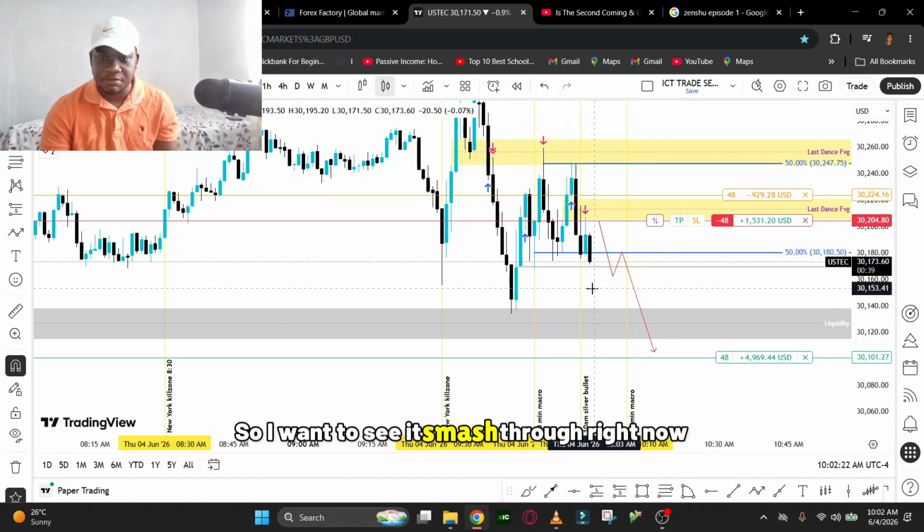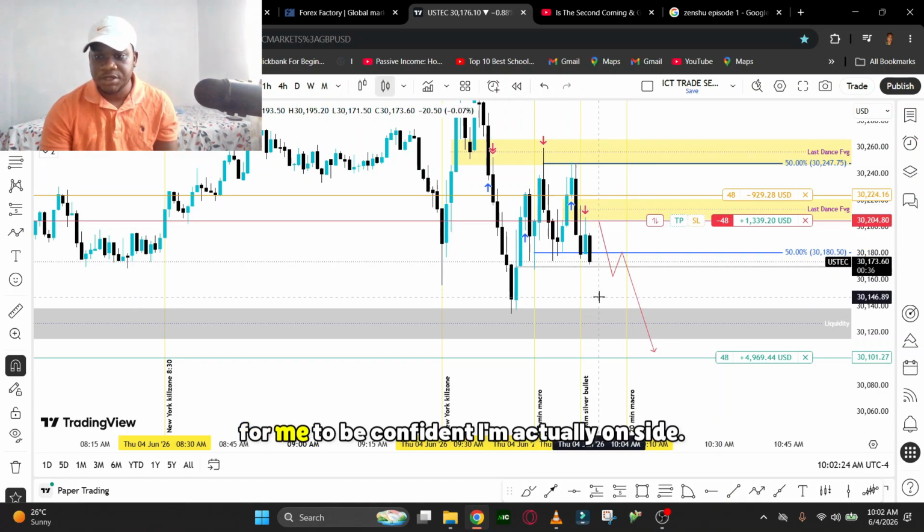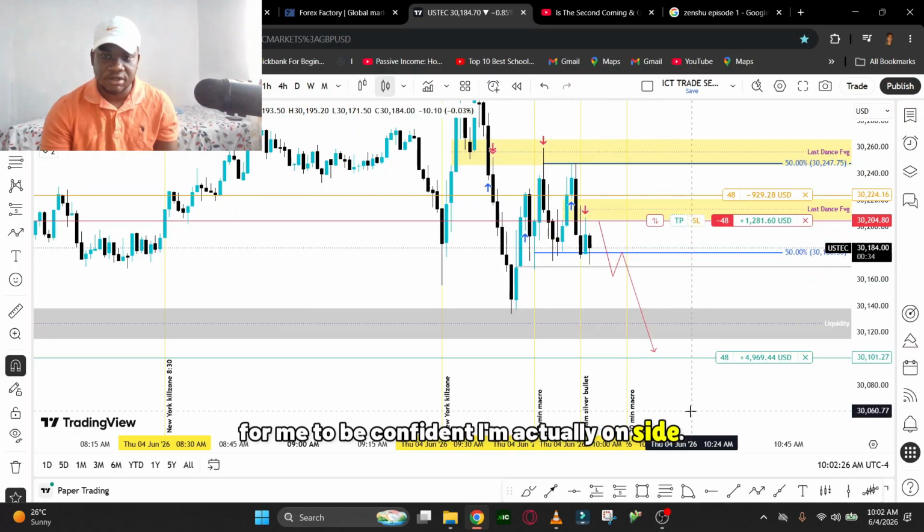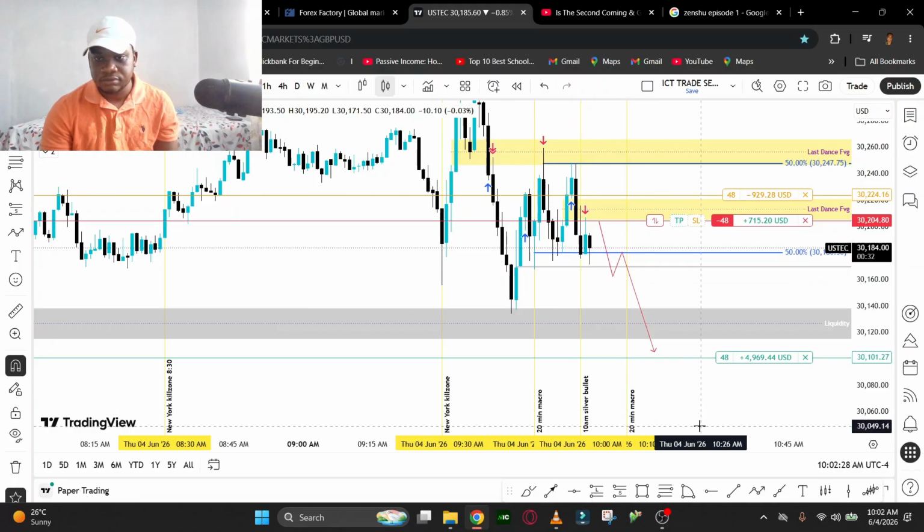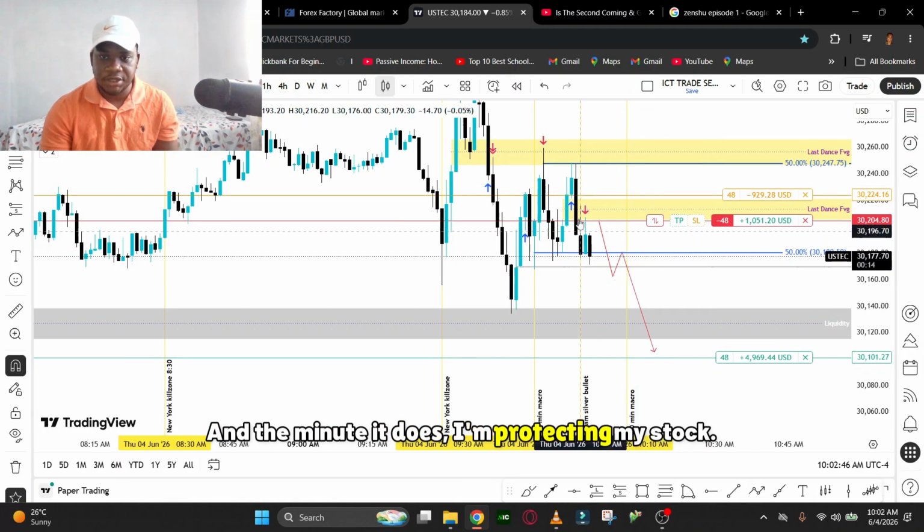So I want to see it smash through it right now for me to be confident I'm actually on side. And the minute it does, I'm protecting my stop.